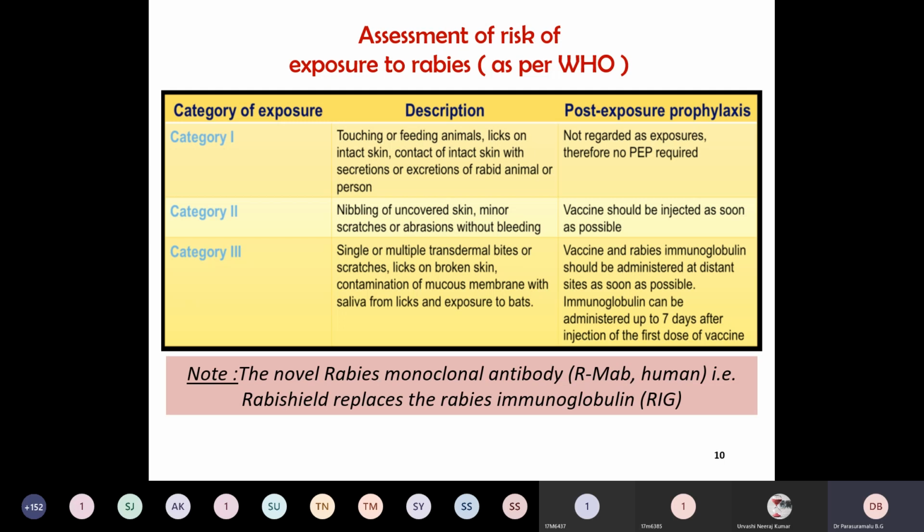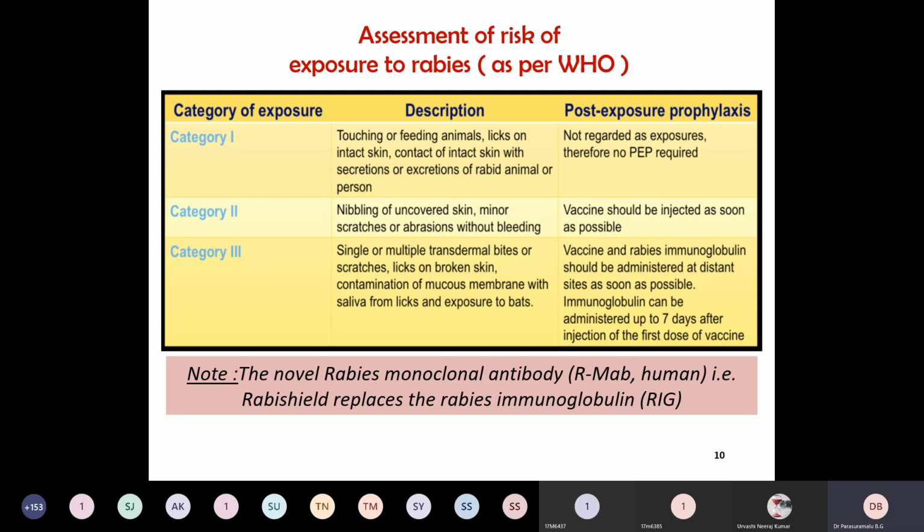Now regarding the modes of transmission: bites from infected animals commonly, licks on broken skin or mucous membranes, and scratches; rarely inhalation and organ transplantation from a rabid animal.